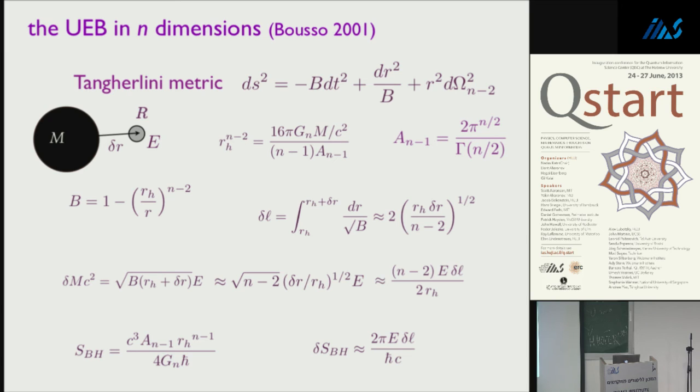The only difference is that the G must be for n dimensions, and you calculate how much this black hole entropy changes upon the absorption of the sphere, and you find this result here. Very simple algebra. Now delta L, as I said, can be brought down to R, and then if you demand that the second law work, then this is the upper bound on the entropy of the system, and it looks exactly the same in any number of dimensions.